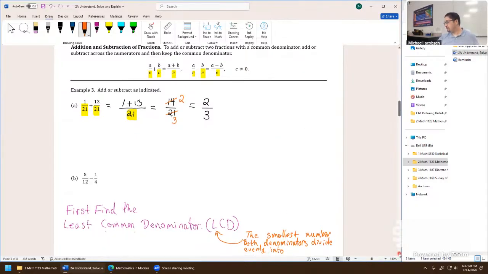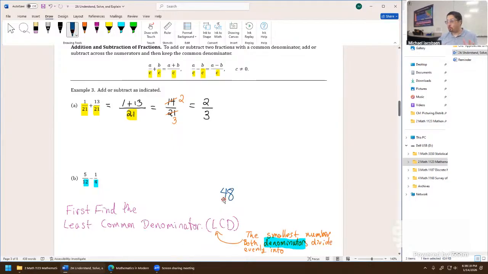Oh, let me scroll just a touch. There we go. So the least common denominator is some number that both of those denominators, 12 and 4, will divide evenly into. Well, you know, if you think of the number 48, that's a great number.